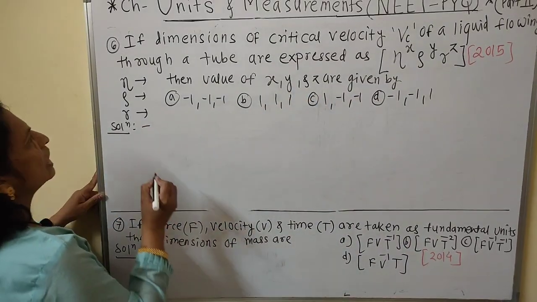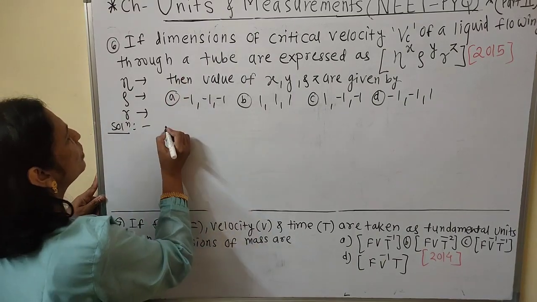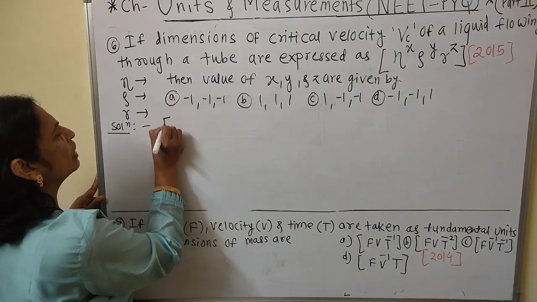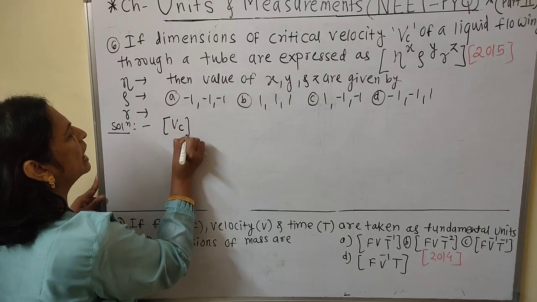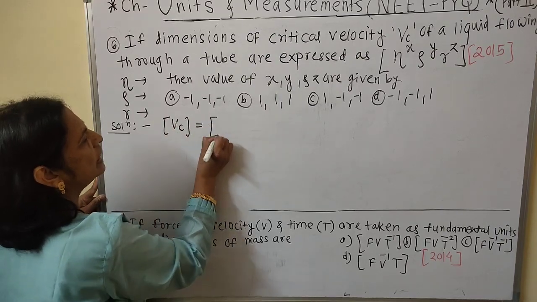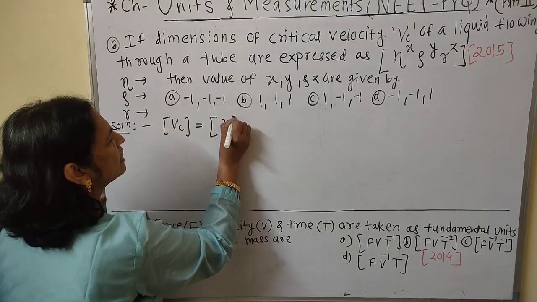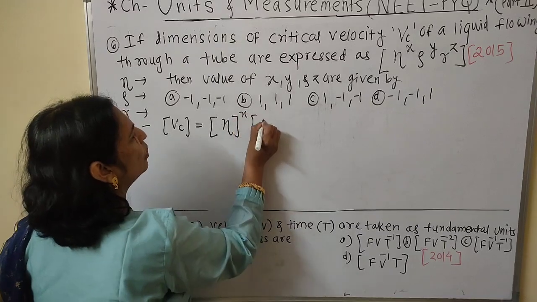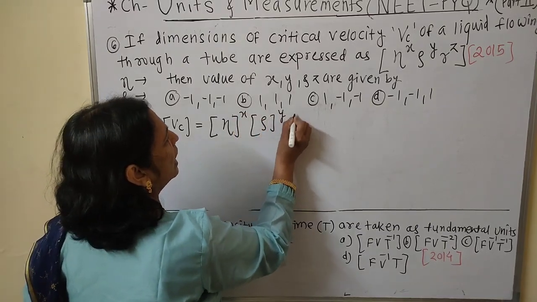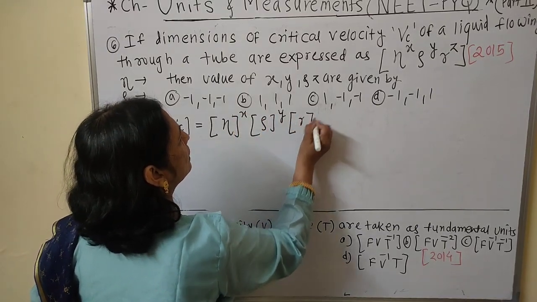In a similar manner we can solve it. The dimension of critical velocity Vc is eta raised to x, then rho raised to y and r raised to z.